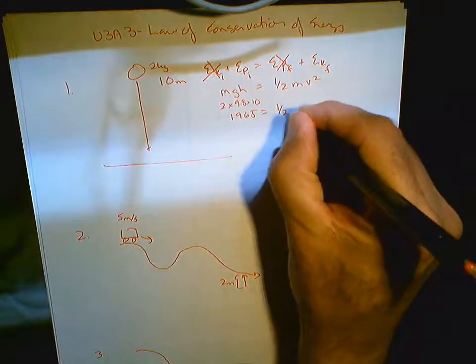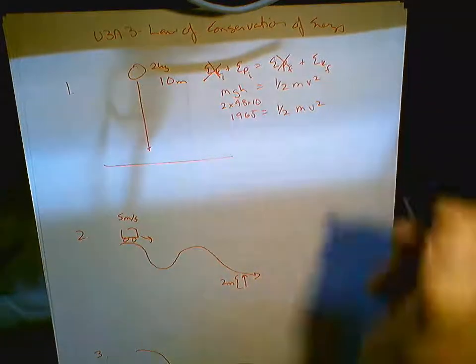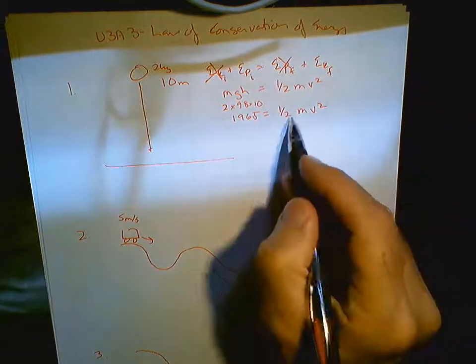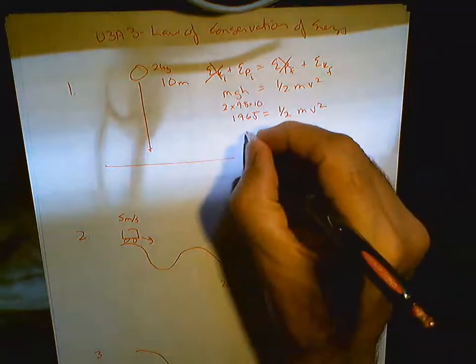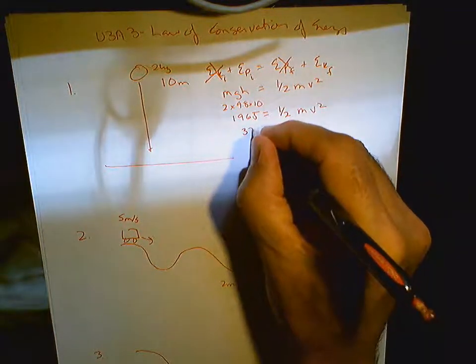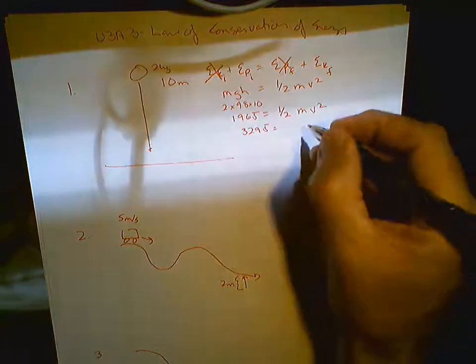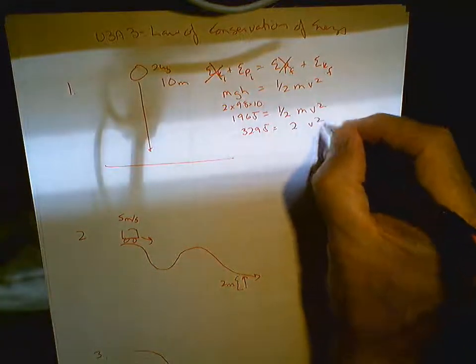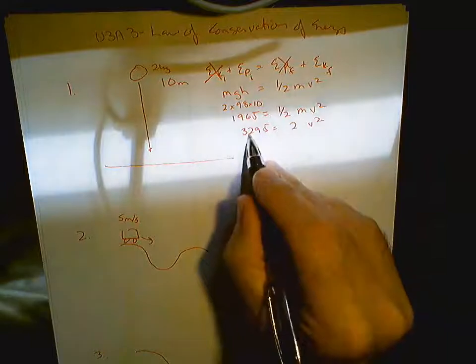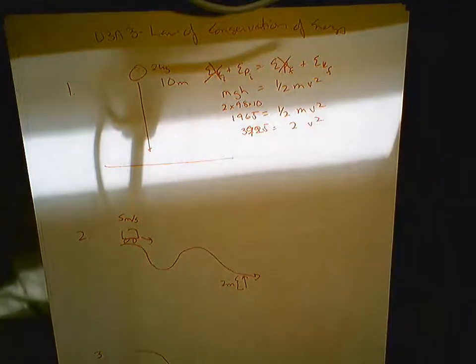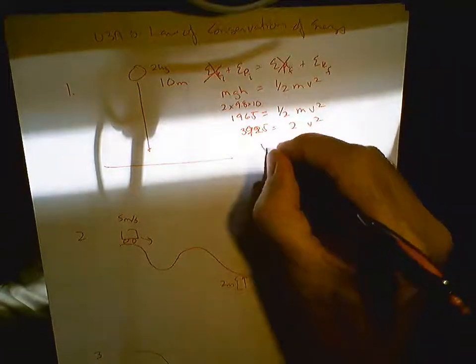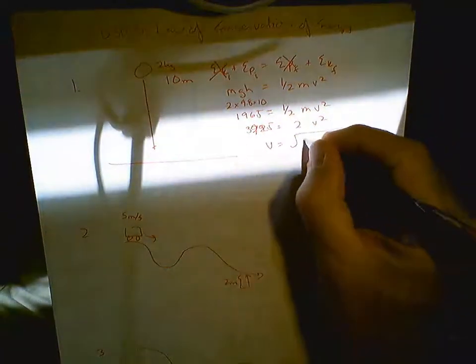So what you make that equal to is half mv squared. So that means we would double the 196 right there. So we would have 392 joules equals the mass, which is 2, times v squared. So I would divide 392 by 2 to get back to 196, and I would take the square root of that.